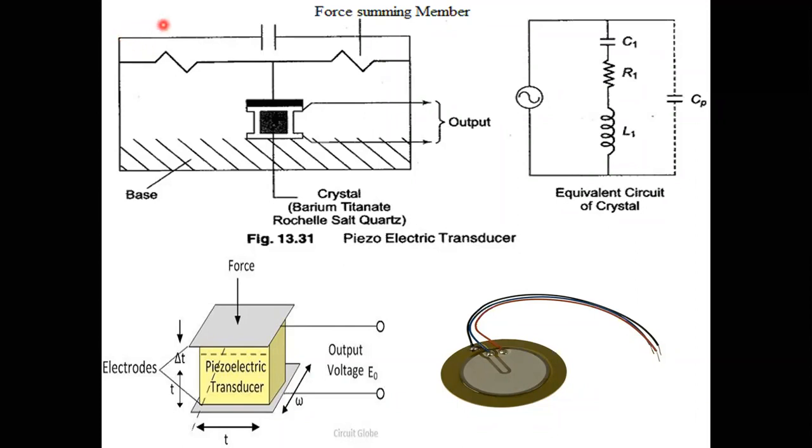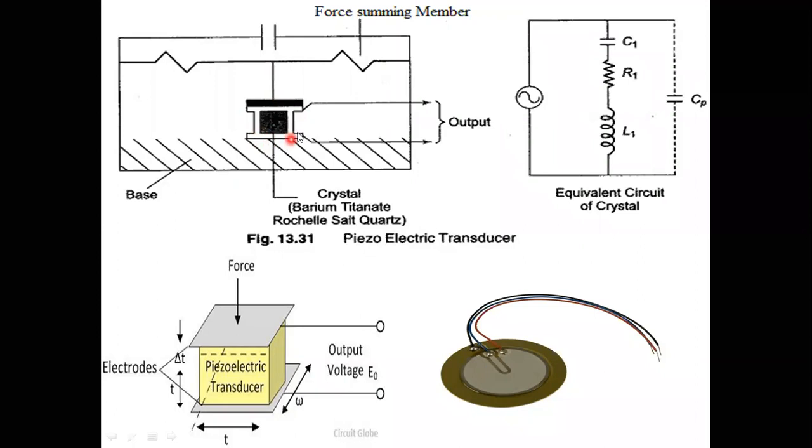Here there is a pressure port. Upon this pressure port I am going to apply some pressure, and it is transmitted to the force summing membrane. Thereafter, the movement in this force summing membrane, just like it acts as a spring, and that force is exerted upon this piezoelectric crystal.